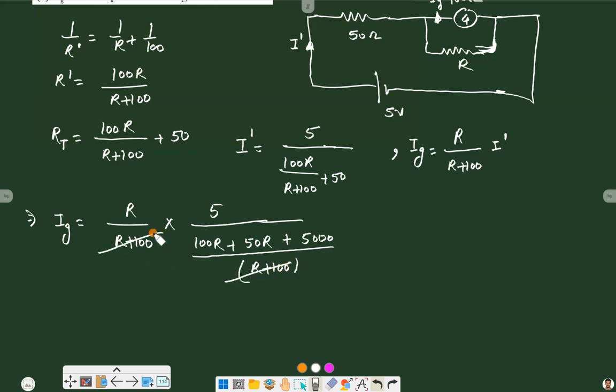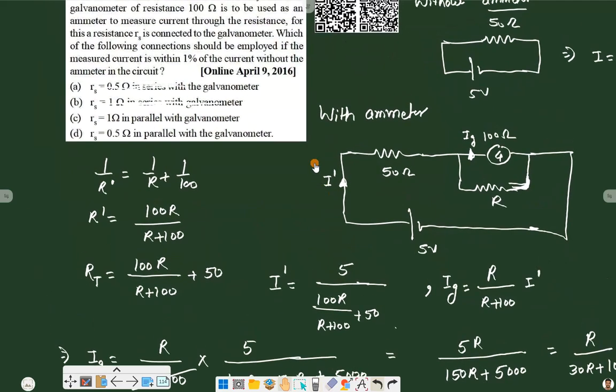R plus 100 gets cancelled, and we have here 5R divided by (150R plus 5000), and we can further write it as R over (30R plus 1000). So this is the value which the galvanometer will measure here, and as per the statement, this measured current is within 1% of the current without the ammeter in the circuit.